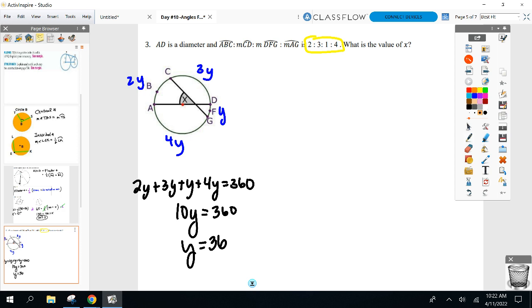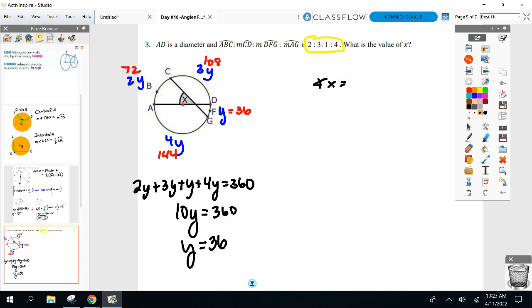So this will be 36 times 2, 72. Times 3, I know we don't need this one in this problem, but times 3, 108. Oh, really, I'm pushing the limits right now. 144. All right, let's find x now.